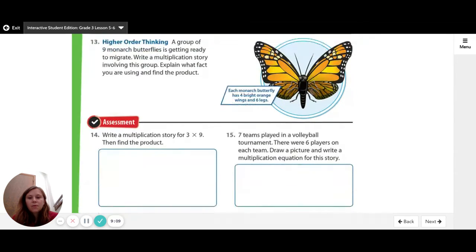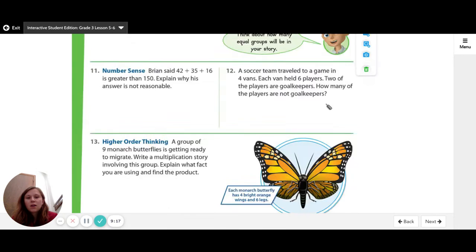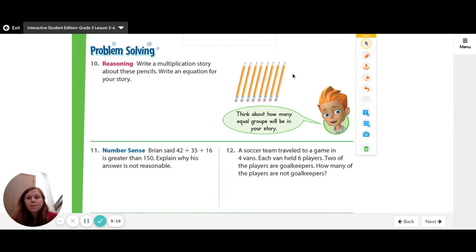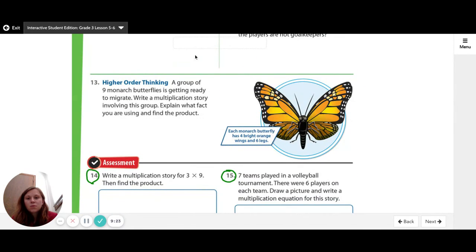Let's look at the bottom for this page. We're going to look at numbers 14 and 15. Number 14, write a multiplication story for 3 times 9, and then find the product. So we want to think about 3 times 9.